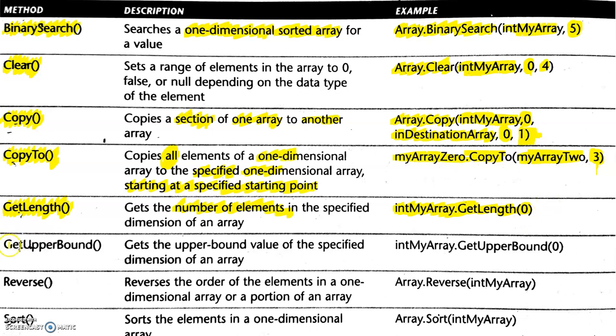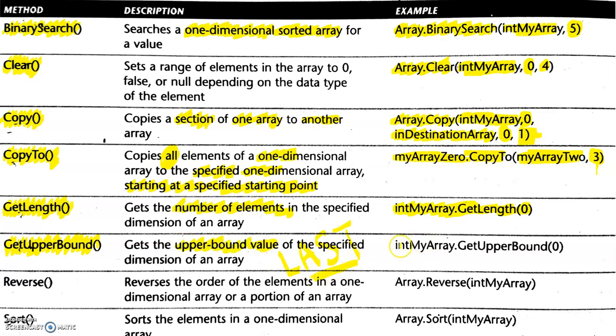Then we have get upper bound. The upper bound means we are talking about the last value. It gets the upper bound value, and the upper bound value means the last element.